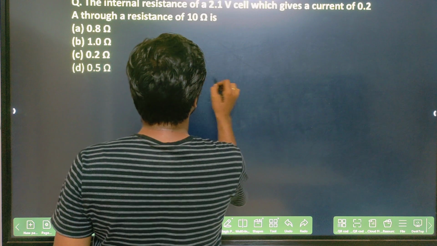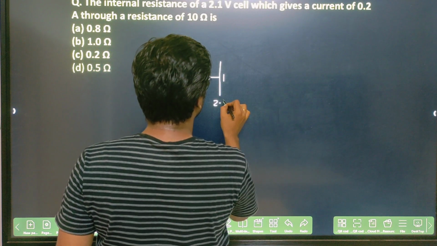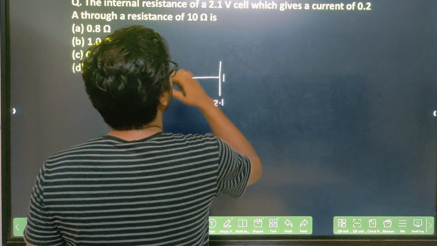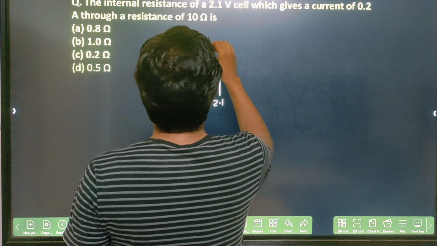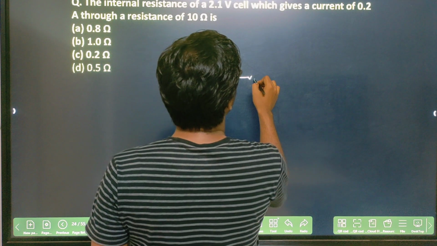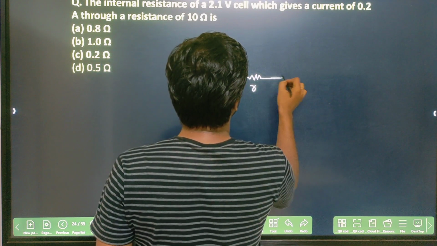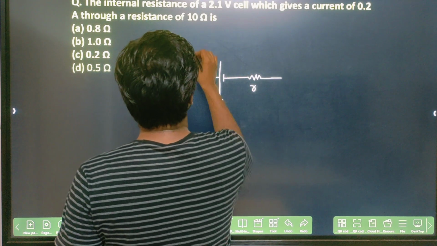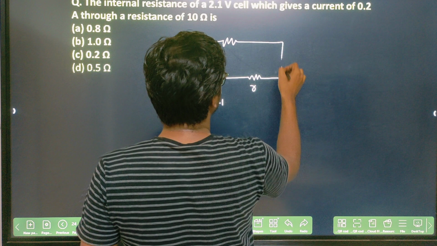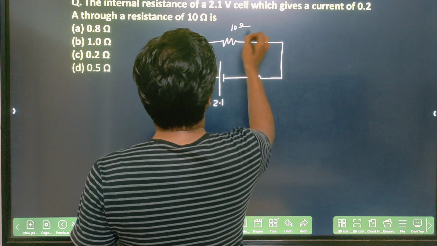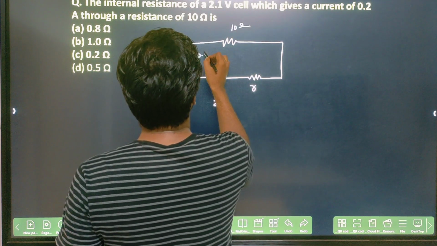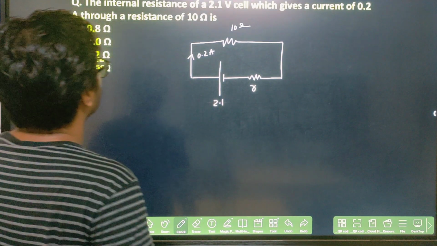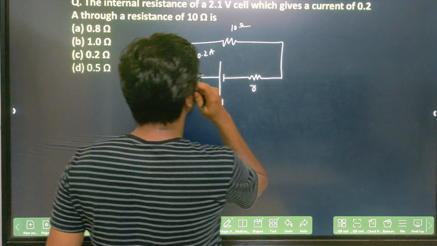So what they are telling is, this is your 2.1 volt cell, and this is the internal resistance, which gives a current through a resistance of 10 ohm. So this is your 10 ohm resistance, and how much current is it giving? 0.2 ampere current they have given, right? So you have to find out this R.